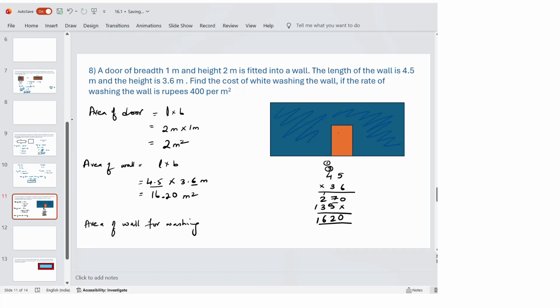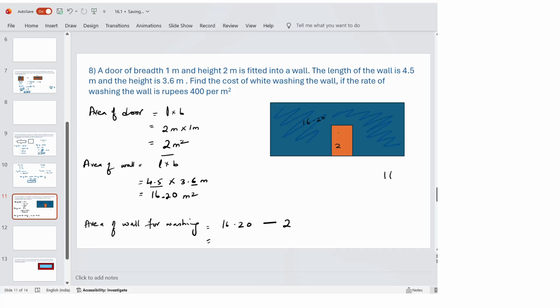For washing, that will be, I'm just going to remove this, we don't need this. It will be 16.20 minus this 2, right? If I remove the door from the total area of the wall, I will get the wall required for whitewashing.